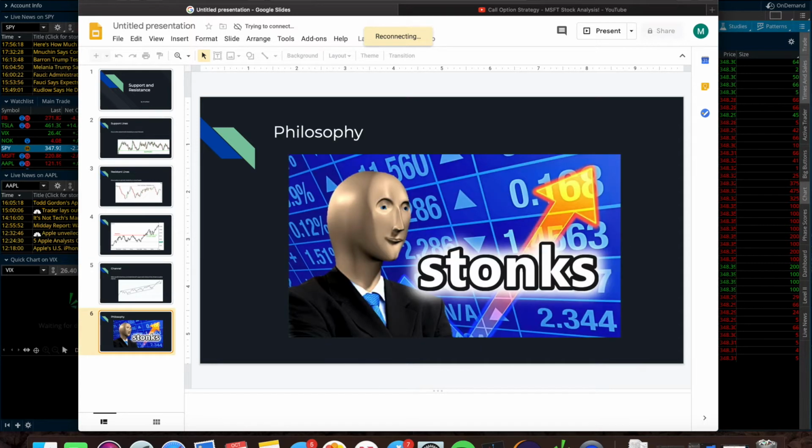Now let's talk about the philosophy about it. A lot of traders are watching these key levels and deciding whether or not they're going to buy in or sell. So let's say you want to buy in at a support line. You want to see if the stock is able to bounce off of it.